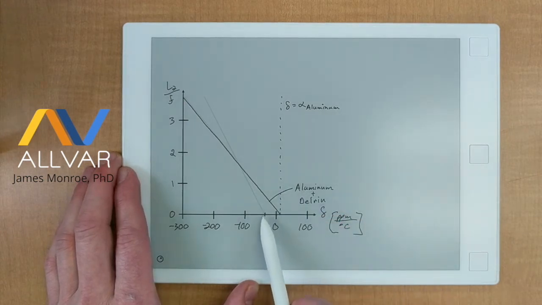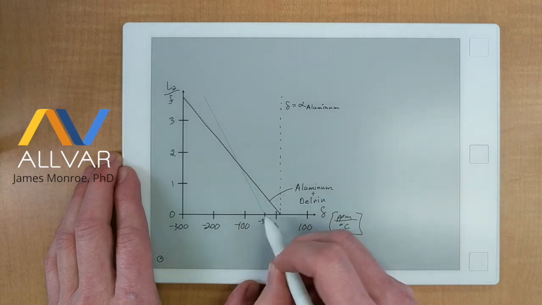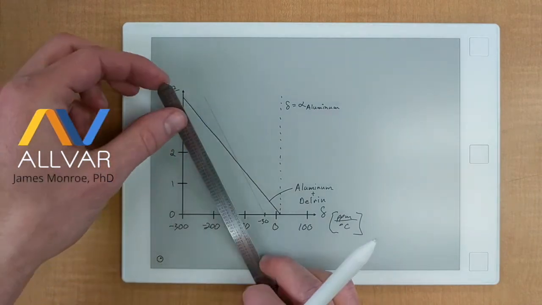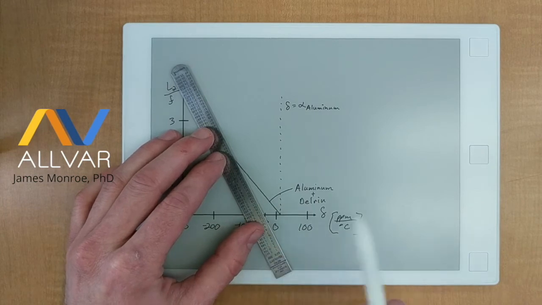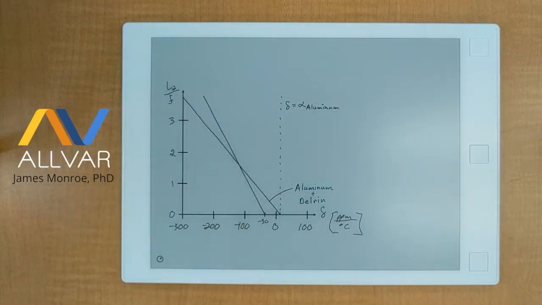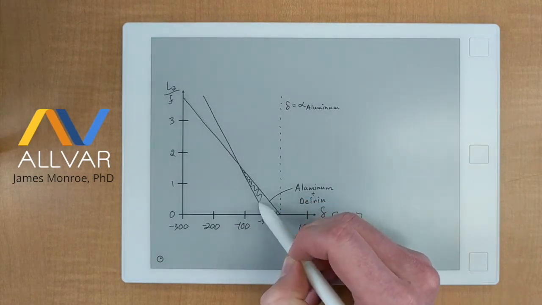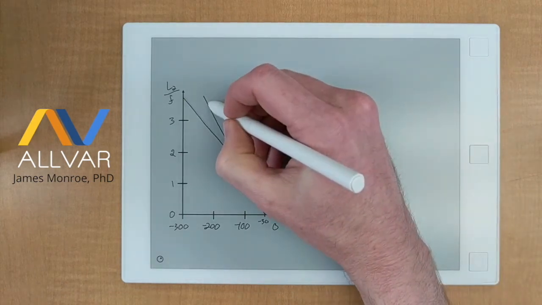First, the coefficient of thermal expansion of ALLVAR at negative 30 ppm per degree C is where the line starts. The slope is a lot steeper than the Aluminum-Delrin system, but you do get a region where it is still shorter than the Aluminum-Delrin system.